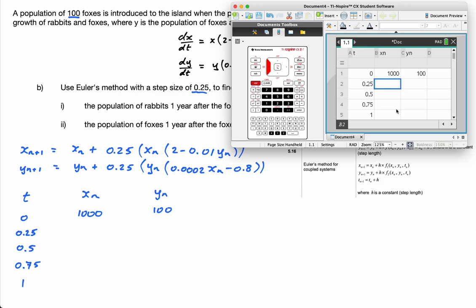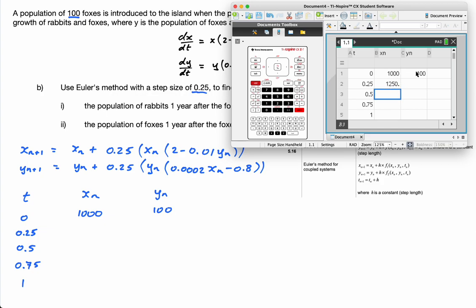Now the next step, think of it like an Excel spreadsheet, I do equals the previous xn, which is B1, plus 0.25 times B1 again, because it's xn again, times open bracket 2 minus 0.01, and instead of yn I put C1, times C1, close bracket.